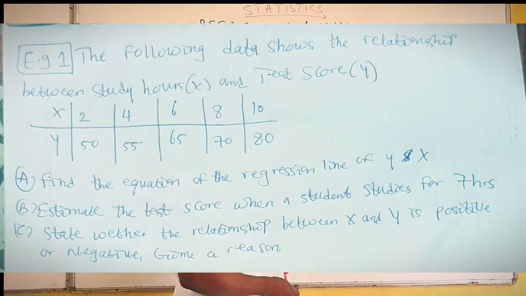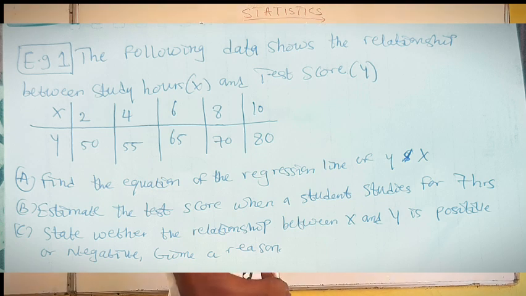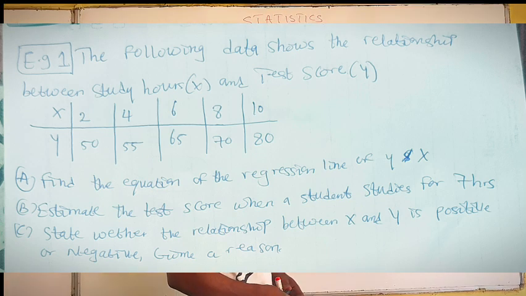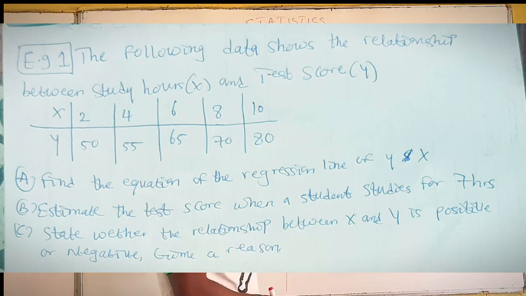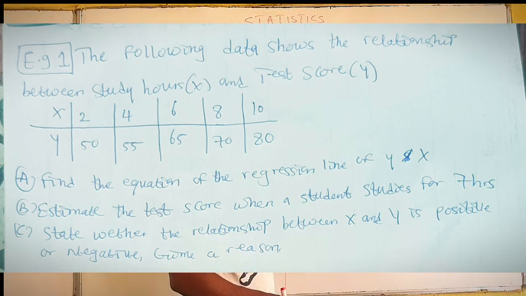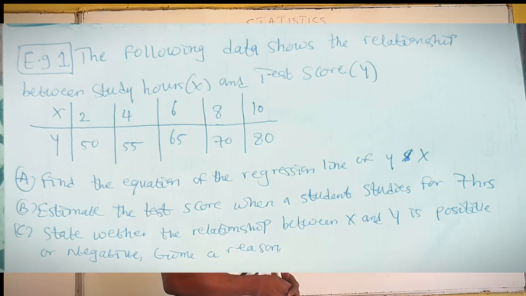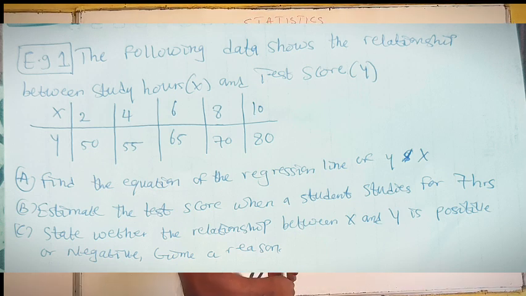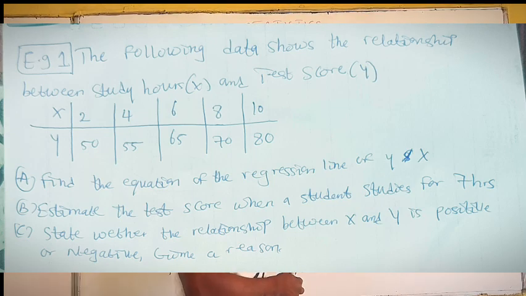First, find the equation of the regression line of y and x. Second, estimate the test score when a student studies for 7 hours. Third, state whether the relationship between x and y is positive or negative and give your reason.